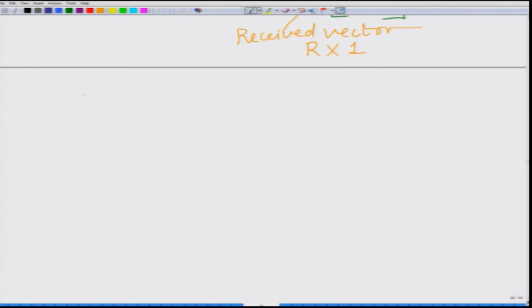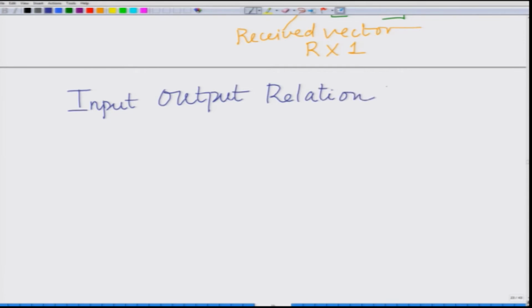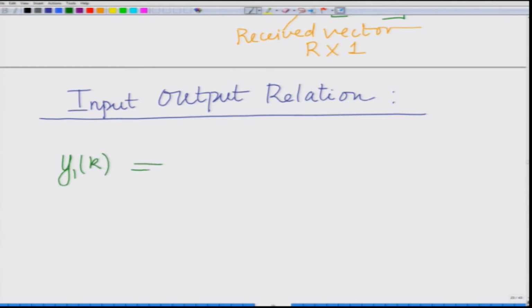Okay, correct. Now, let us see how we can model the input output relation in the MIMO system. Let us look at y1 of k, the symbol on receive antenna 1 at time instant k.